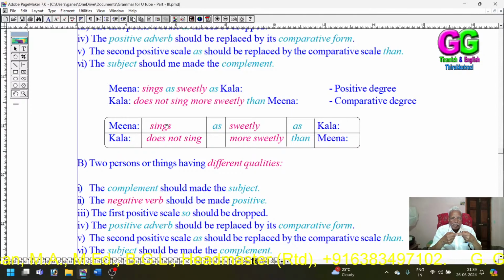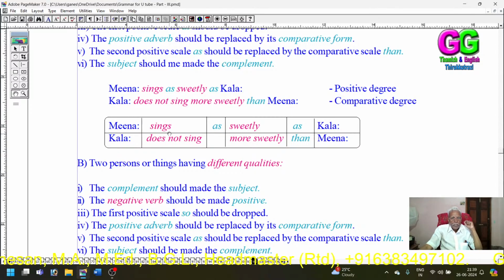If it is in negative, it should be changed into positive. Commonly, we say change the verb into negative. That is, if it is in positive, negative. If it is in negative, positive.